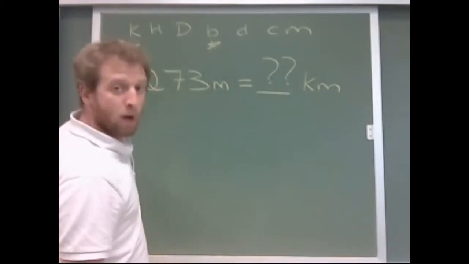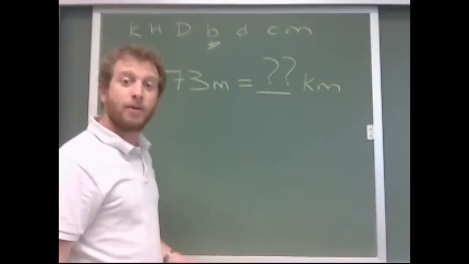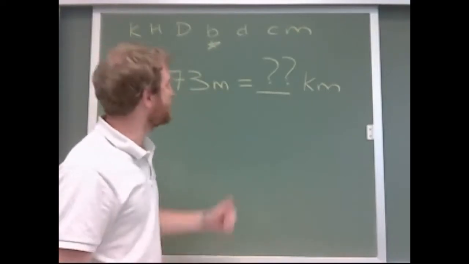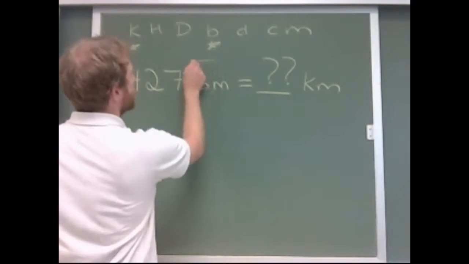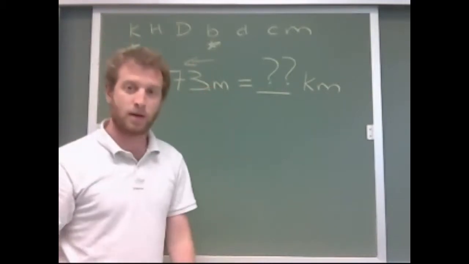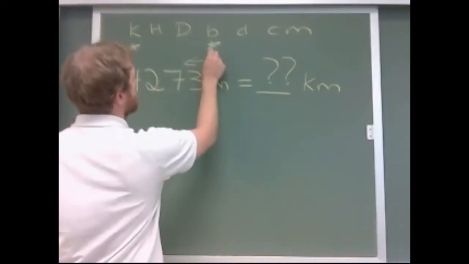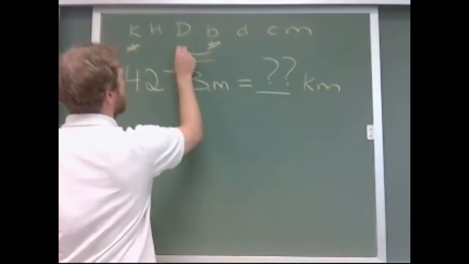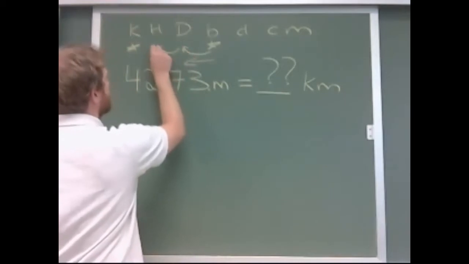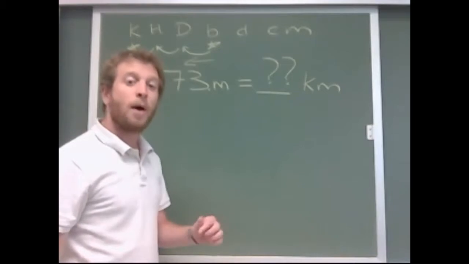Figure out where I'm starting from, figure out where I'm ending. Now I count the number of, or I figure out the direction, sorry. Got a step ahead of myself. So I know I'm going to be moving to the left. So that means that this decimal place right here is going to be moving to the left. Now I count my spaces. 1, 2, 3 spaces.